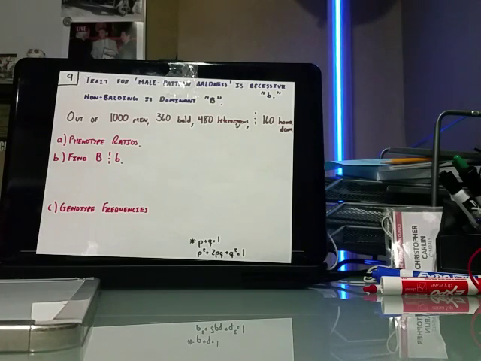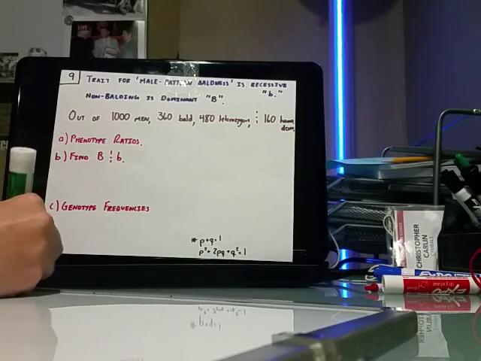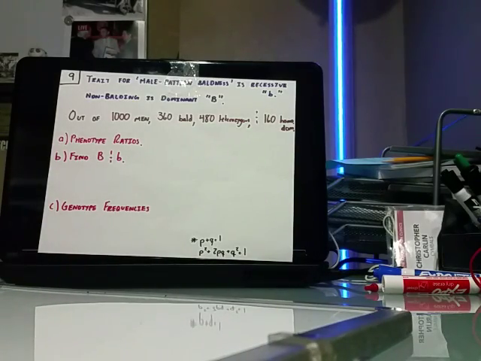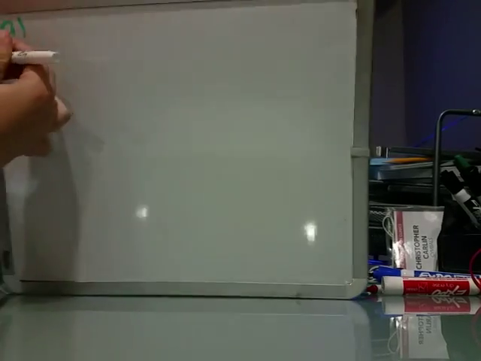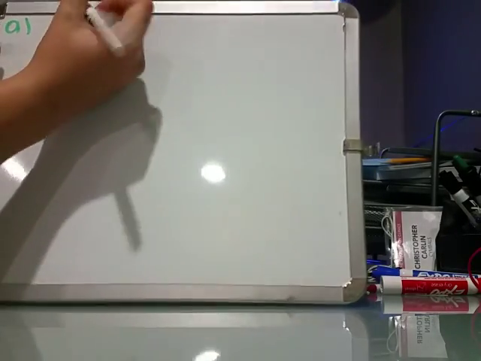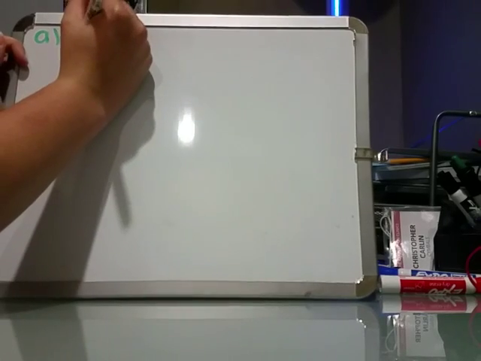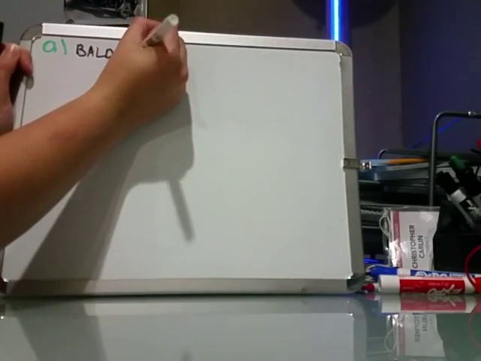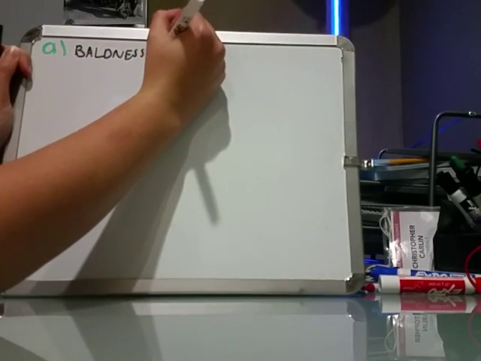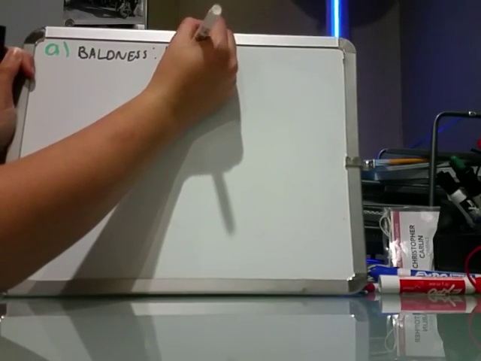So the first part of the problem asks you for the phenotype ratios, which is just the ratio of baldness between men to hair, which is very easy.